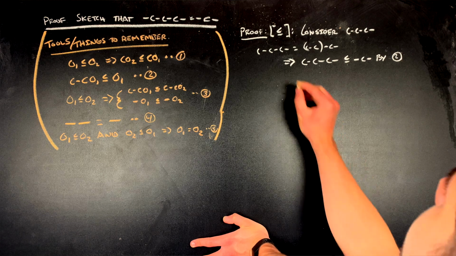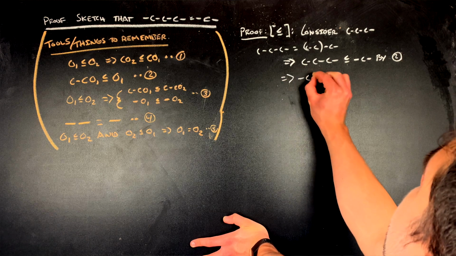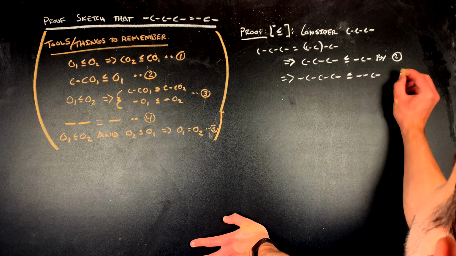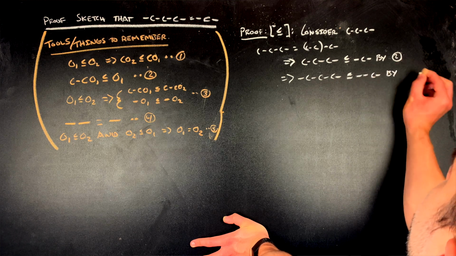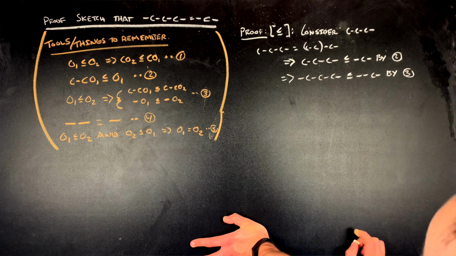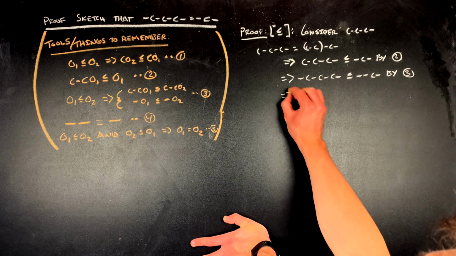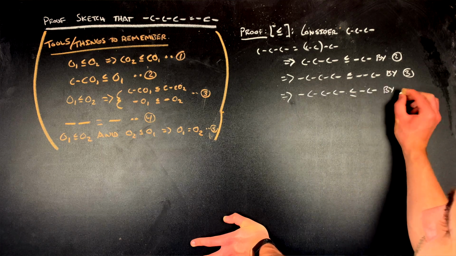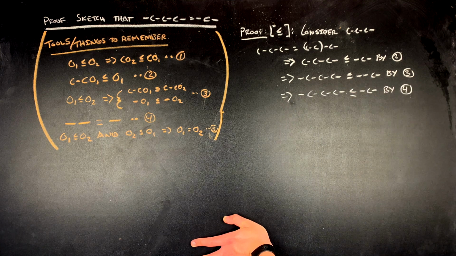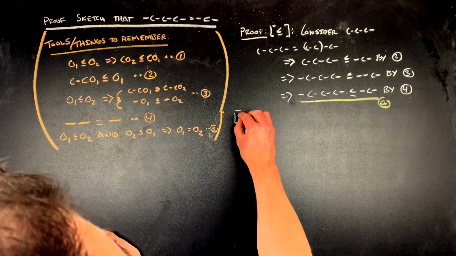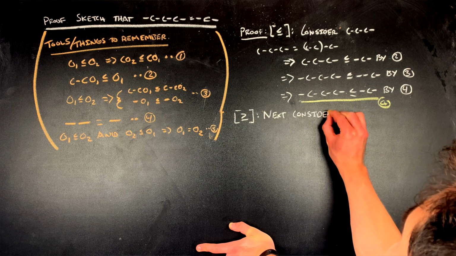Then applying the closure to both sides, we yield bar C bar C bar C bar, which is the length 7 thing that we're interested in, is going to be less than or equal to bar C bar by the fact that closure is isotonic. But then the bar C bar operation can be reduced to bar C bar because bar bar is just equal to bar.